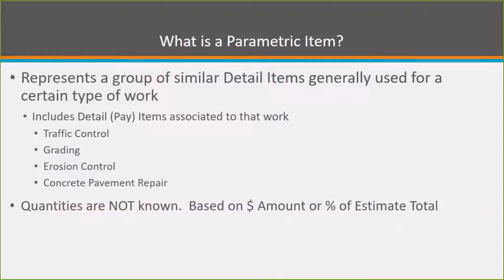It would vary based on the location in the project and even from project to project. But we might know based on previous analysis that typically traffic control consists of a certain percentage of our total cost, or for every mile, it's approximately so many dollars. So that's how we utilize parametric items.